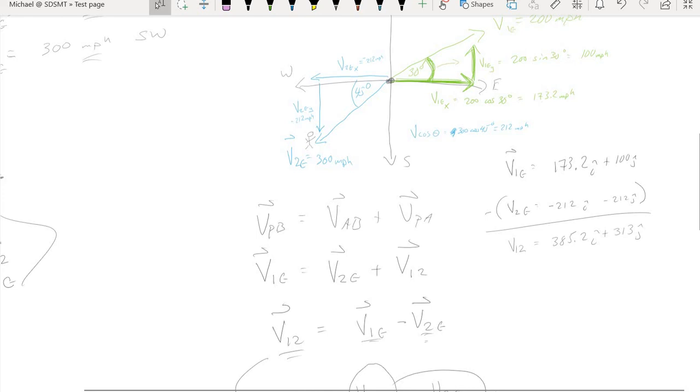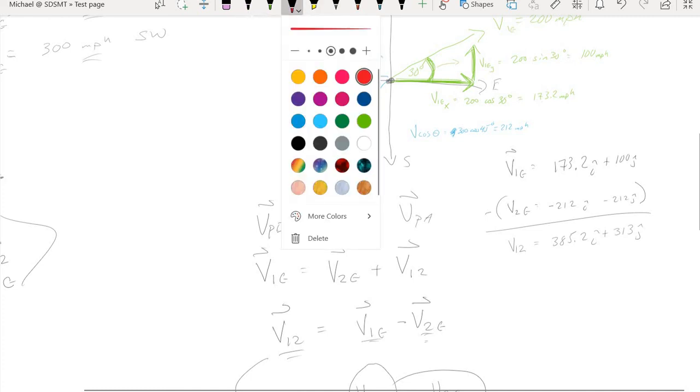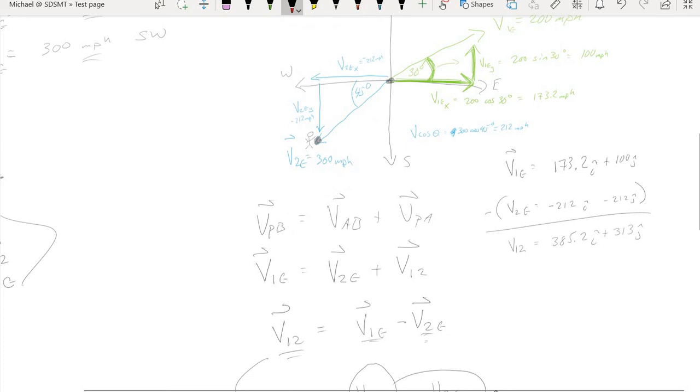So why is that? Well, remember, you're sitting in a seat on plane 2, traveling to the southwest, and you're looking at plane 1. And as you look at plane 1, so this is your line of sight as you look at plane 1. This is the velocity of plane 1 with respect to plane 2.